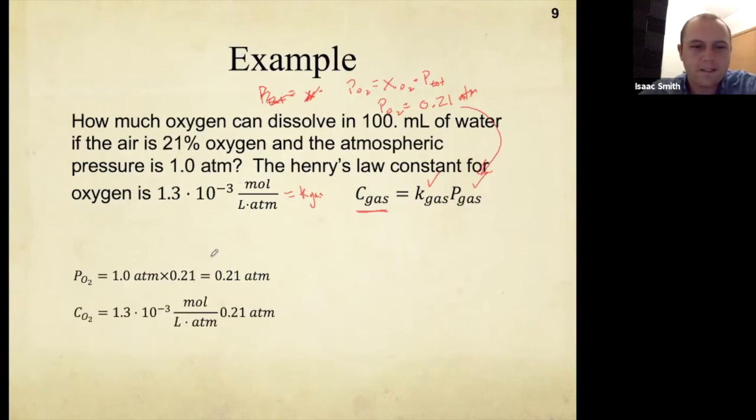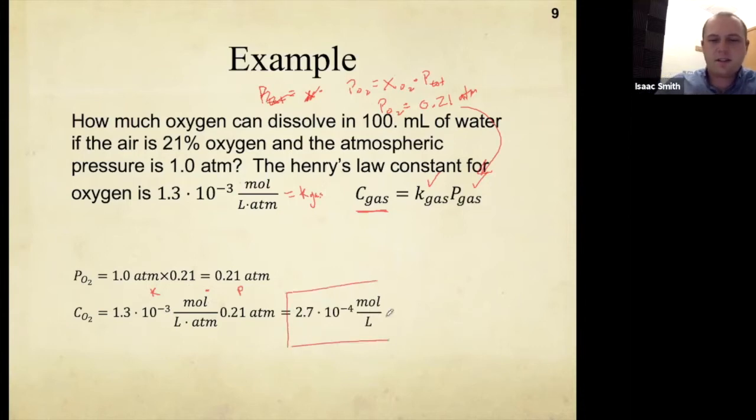Here's the PowerPoint running it through. Again, you have K times P, which is going to give you the solubility of oxygen. So you can dissolve 2.7 times 10 to the negative 4 moles of oxygen for every 1 liter of water.